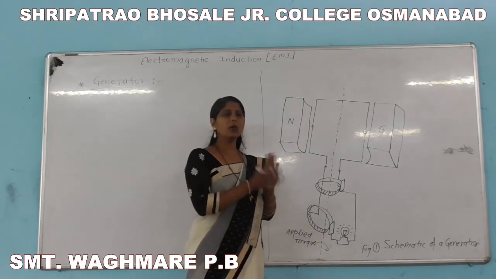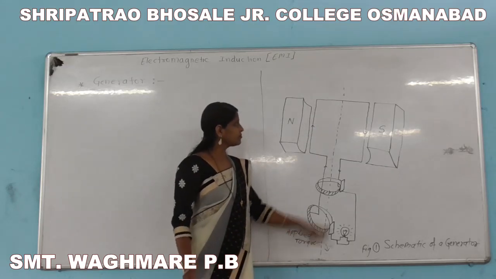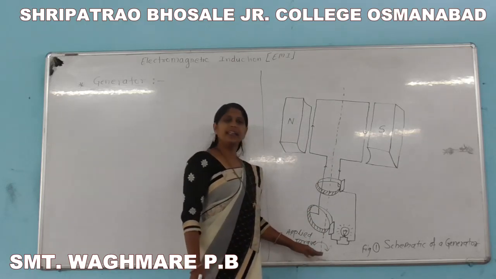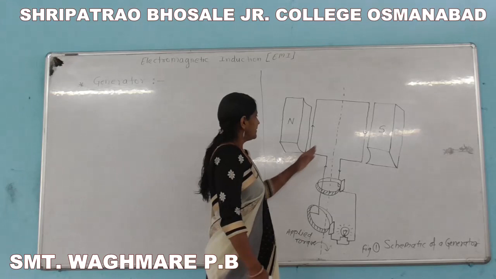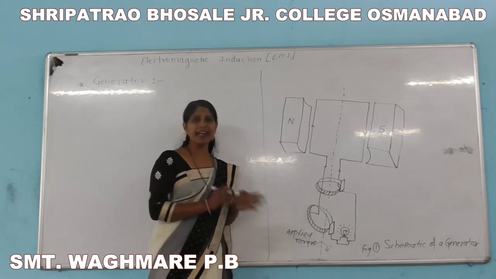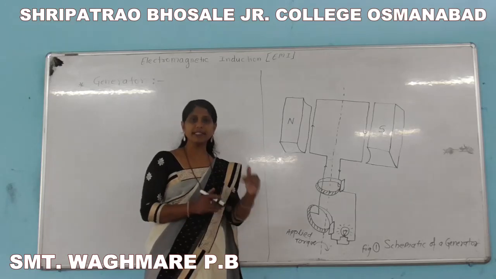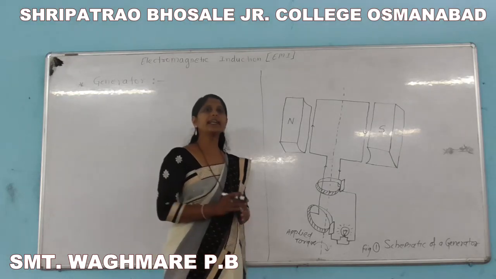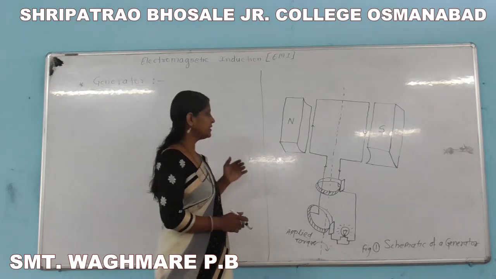If we rotate this coil by applying torque on the axis of the coil, we can use a turbine to rotate it, and the coil will rotate in the magnetic field. When this coil rotates, there is a change in magnetic flux passing through the coil, so EMF is induced and current is produced in the coil.